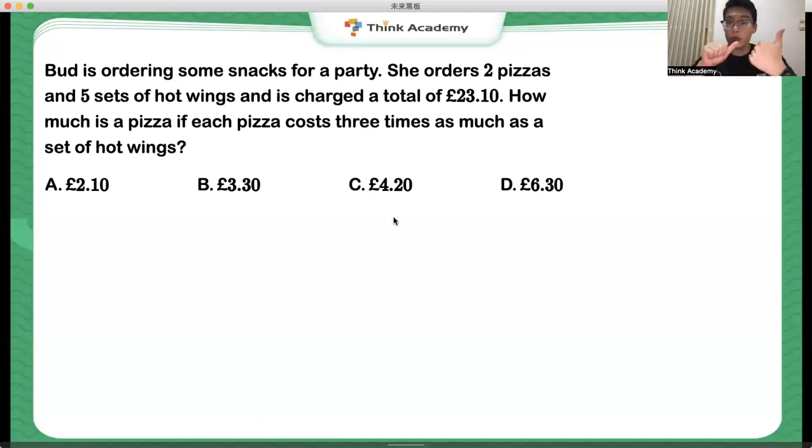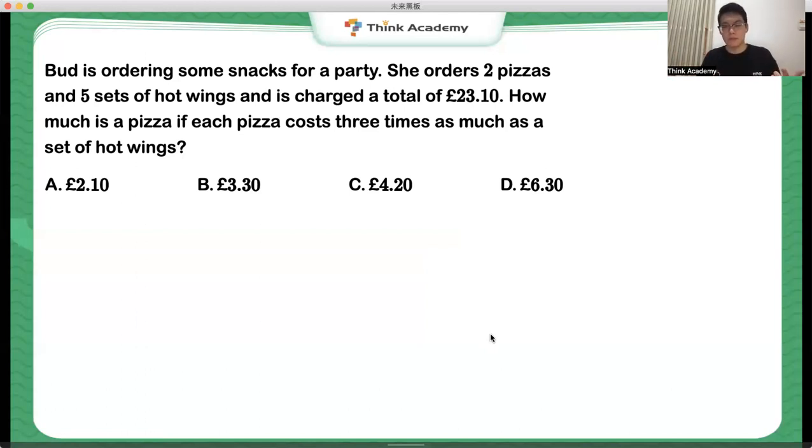So in order to set an equation, we need something which is the unknown. Remember, in all the equations we have had previously, we have one thing called the unknown, which we mark as x. That's pretty intuitive, because in any question there's got to be something we don't know, so whatever we don't know, we set as the unknown. But in this question, there's the price of pizzas and the price of hot wings, so there are actually two unknowns. Do I need two unknowns?